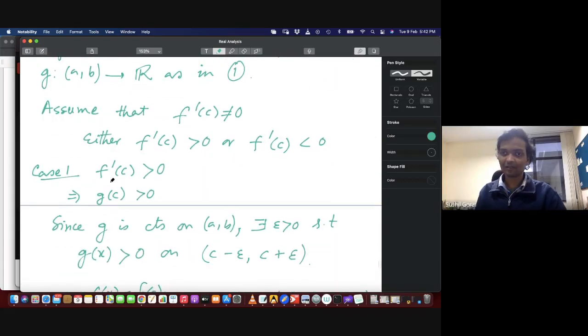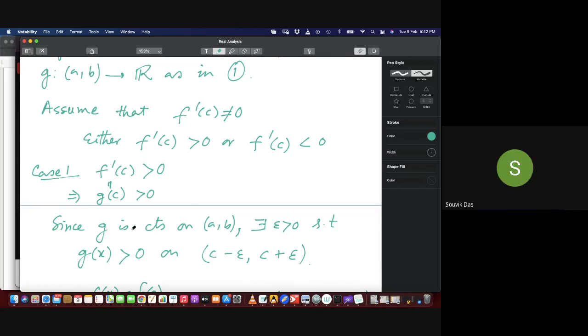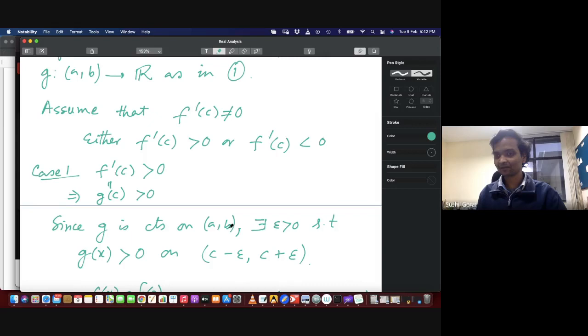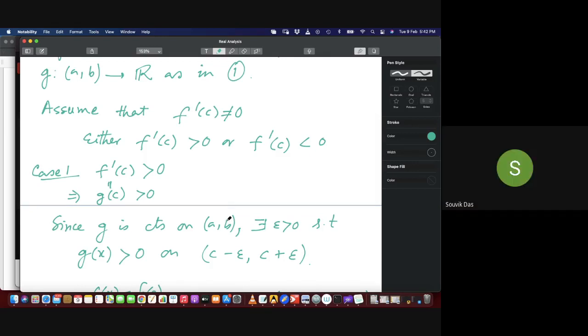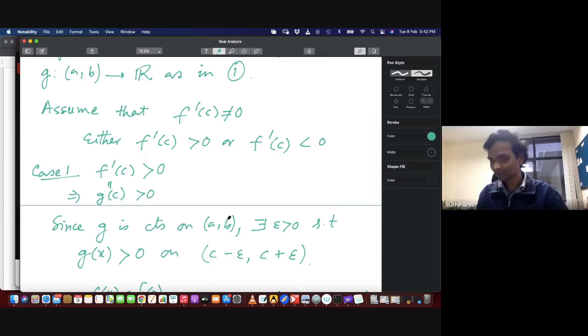And g is continuous. At one point it is positive means there exists a neighborhood where it is positive. Do you know the proof of it? Probably I have done this in the first semester, but I forgot that. Yeah, if you don't remember, then you go back and check.